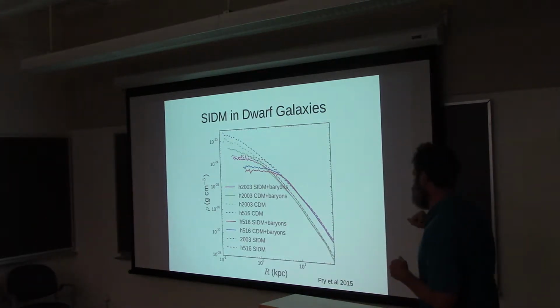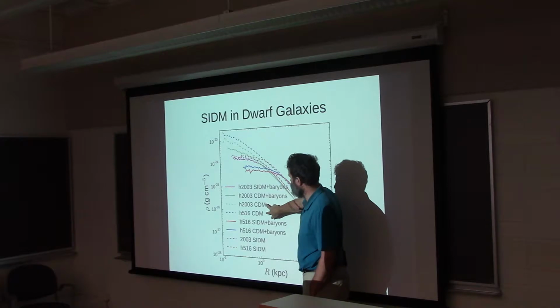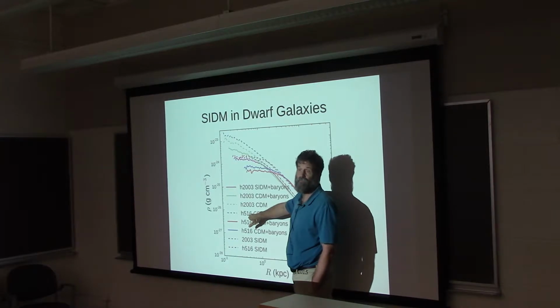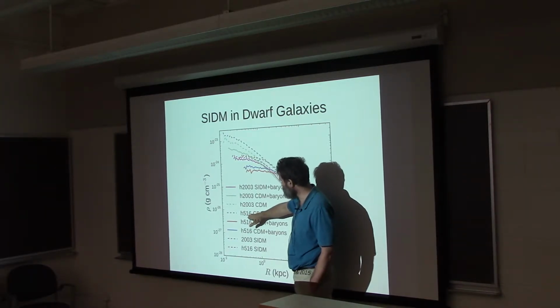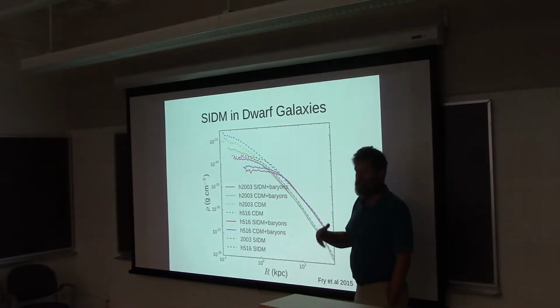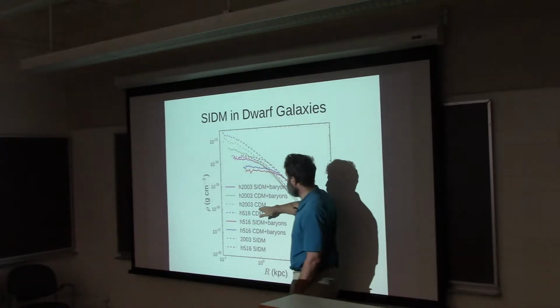If you look at this figure, let's first focus on the dashed lines. We can compare a couple of halos run with only cold dark matter. This one is roughly a 50 kilometer per second halo, a dwarfish galaxy, and then this halo is a 30 kilometer per second, so a very small halo.